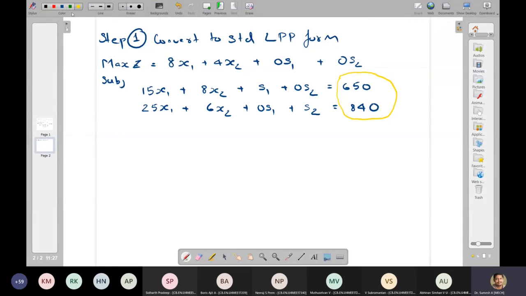So the dual objective will be minimize Z equals 650 y1 plus 840 y2. That is, the RHS of my primal equations forms the objective function of the dual.